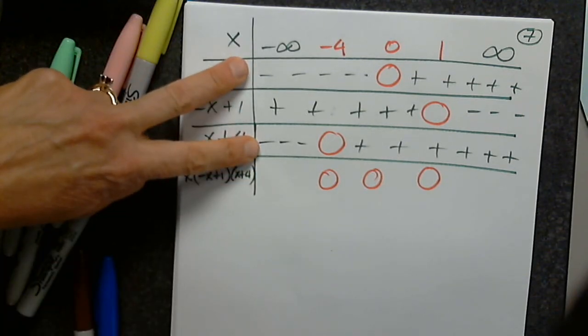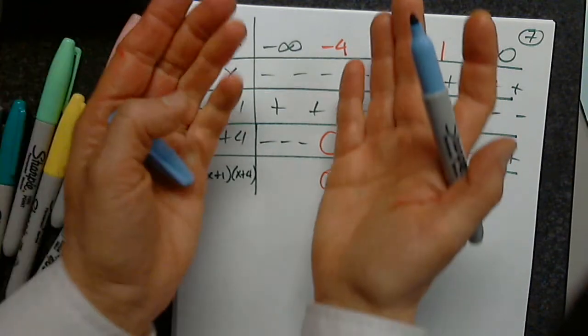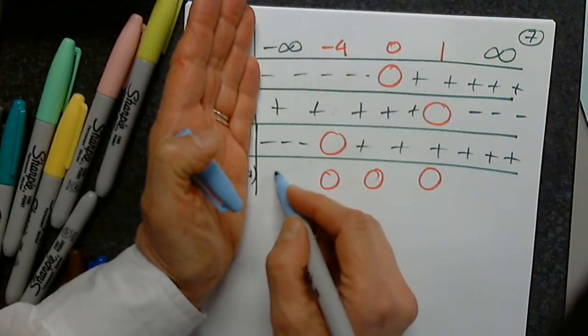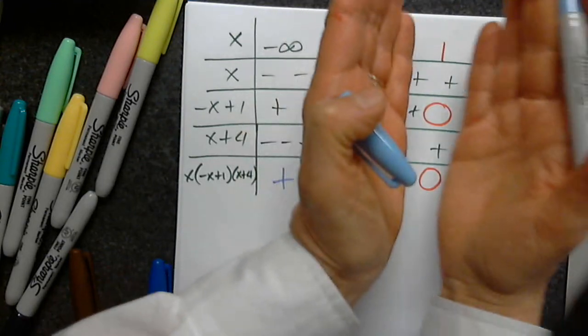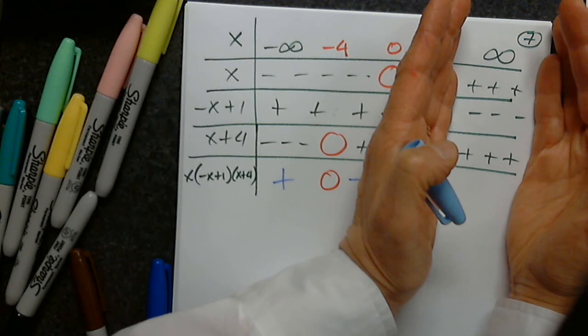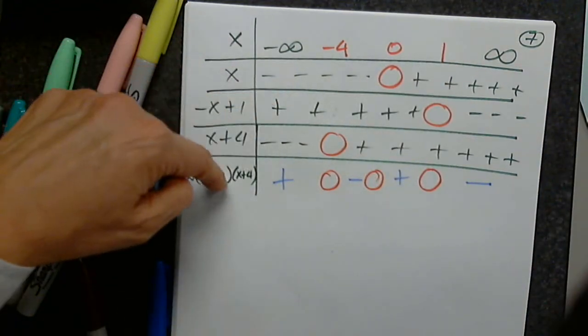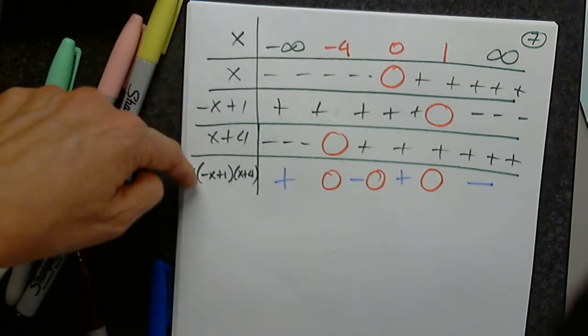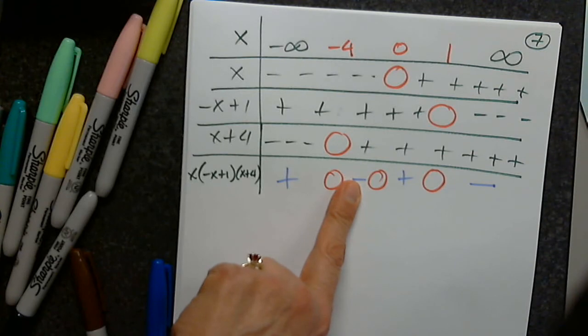Count the negatives and tell me the sign when you multiply these 3 numbers on this interval. On this interval. On this interval. And on this interval. Good, because we multiply them. I multiply a negative by a positive by a negative. I multiply a negative by a positive by a positive. Are you with me?